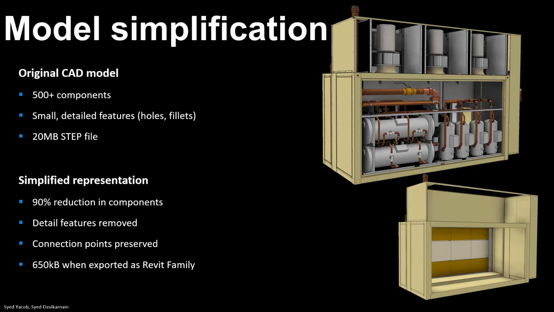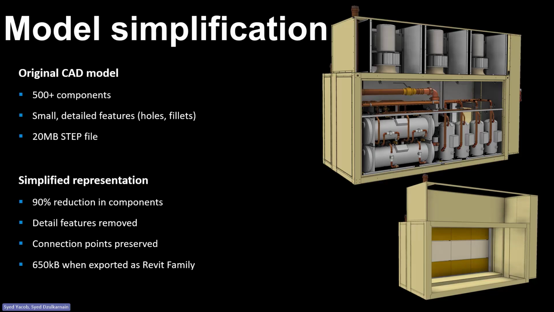You can see the image on the right-hand side. The top one is the so-called complete model with all the piping, the vessels, the pumps, and everything. But in reality, the building modeler does not need all this detailed equipment.